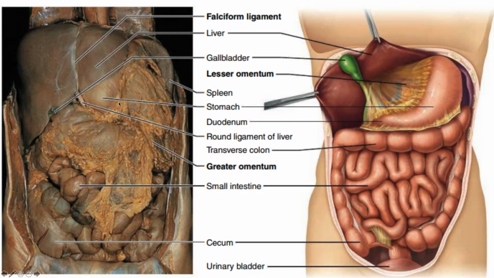Once we open the abdomen, we see the fatty sheet-like structure covering nearly every part of the abdomen. That is what we call the greater omentum. Another ventral mesentery, running from the liver to the stomach, is what we call the lesser omentum.